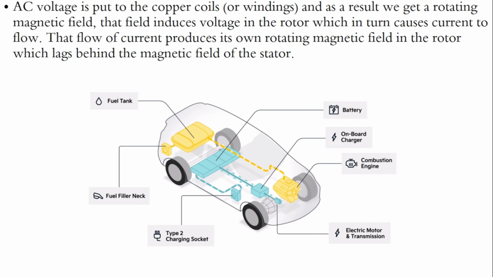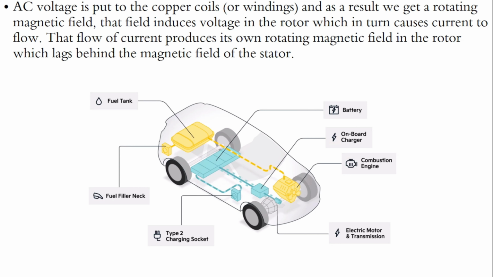That field induces voltage in the rotor, which in turn causes current to flow. That flow of current produces its own rotating magnetic field in the motor, which lags behind the magnetic field of the stator.